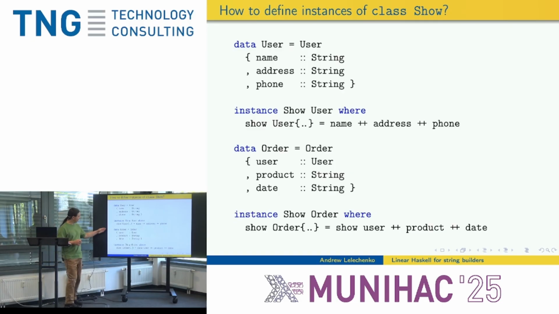Here is my data type for Order in my shop, right? It has some user who made an order and has some product name and, well, let's say date of the order. And I kind of keep going. I define Show for Order, well, kind of in a reasonable way.